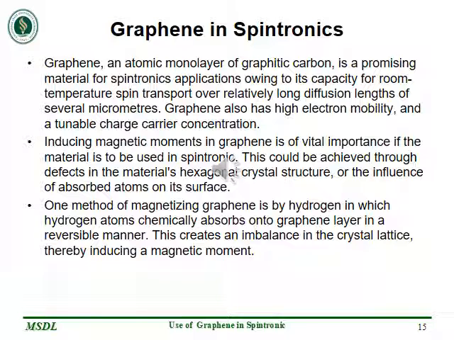Inducing magnetic moments in graphene is of vital importance if the material is to be used in spintronics. This could be achieved through defects in the material's hexagonal crystal structure or the influence of adsorbed atoms on its surface. One method of magnetizing graphene is by hydrogen, in which the hydrogen atoms chemically adsorb onto the graphene layer in a reversible manner. This creates an imbalance in the crystal lattice, thereby inducing a magnetic moment.